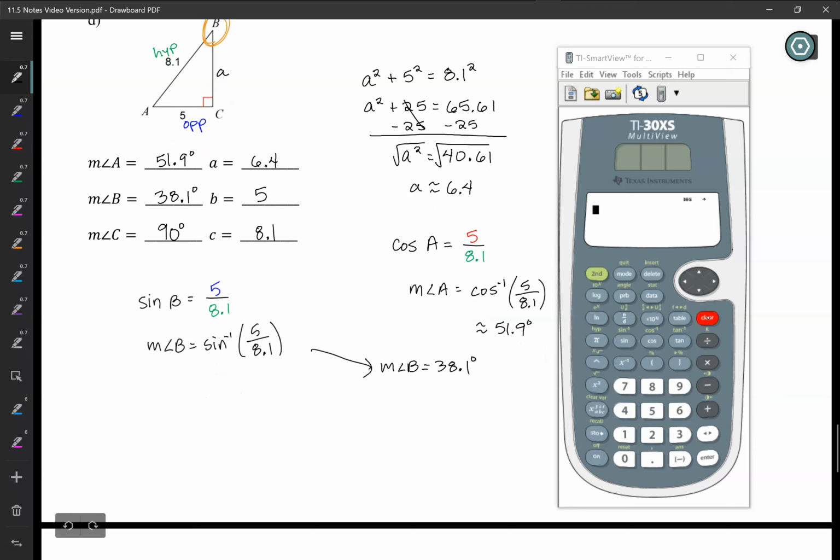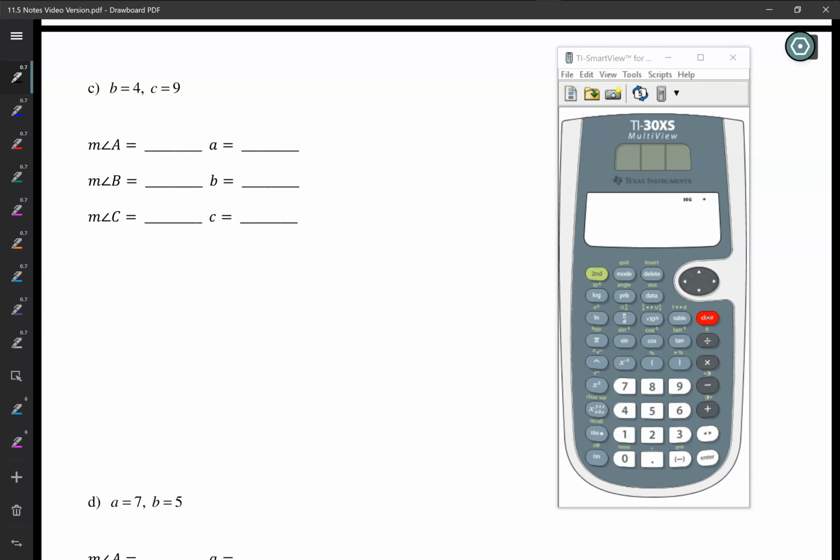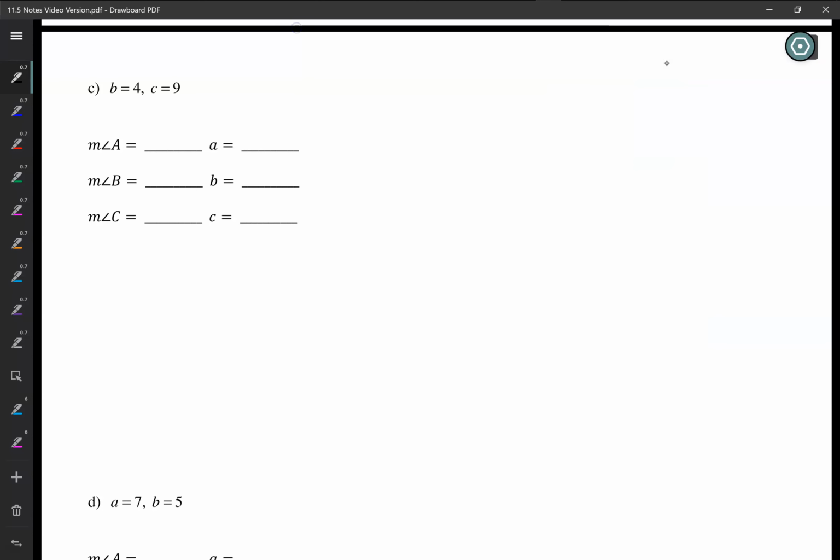Let's look at a couple where you have to draw the triangle. So the key is make sure you know whether the sides are 2 legs or one of the legs and the hypotenuse. So if you are told that B is 4 and C is 9, then you know that C has to be the hypotenuse. So it doesn't matter how you rotate it.